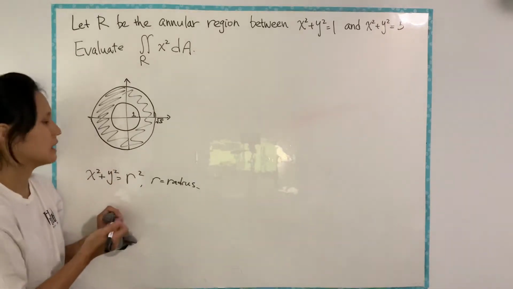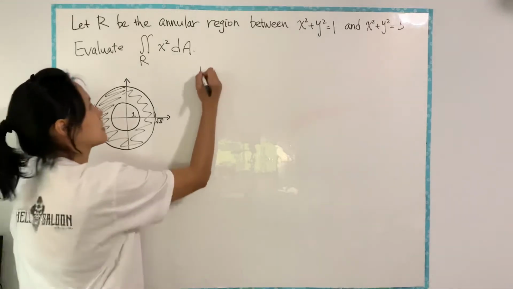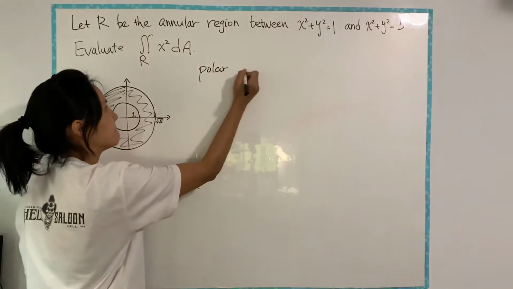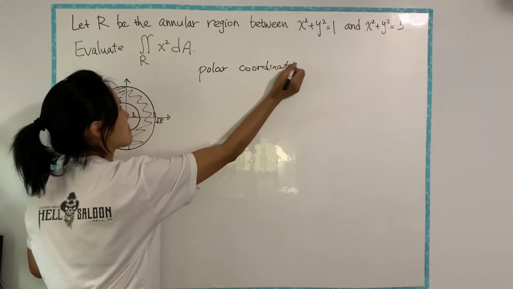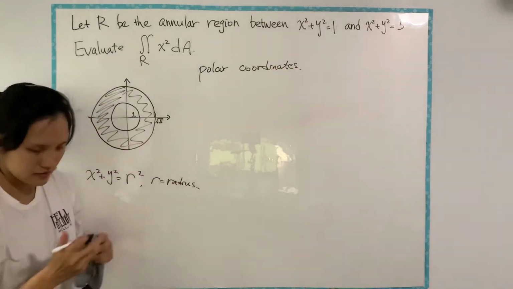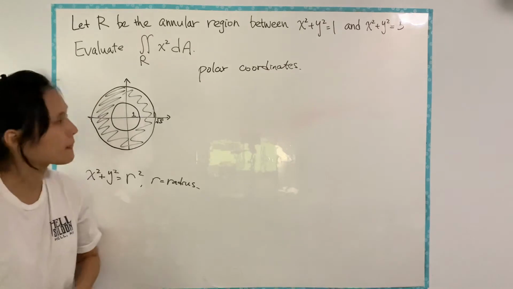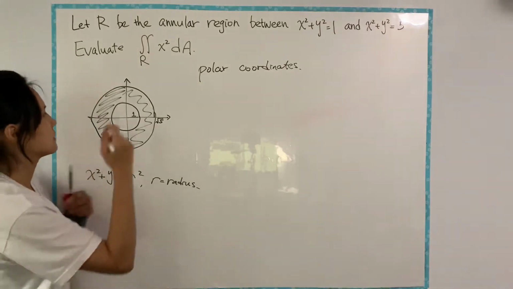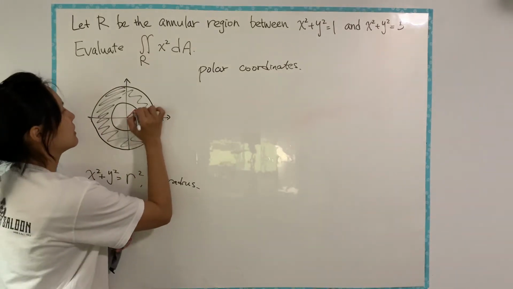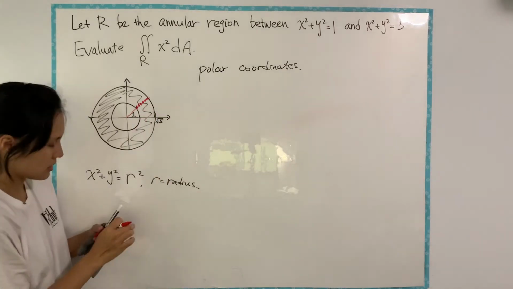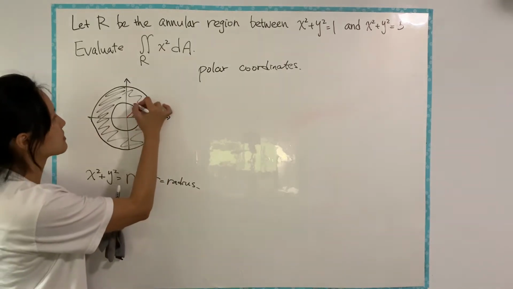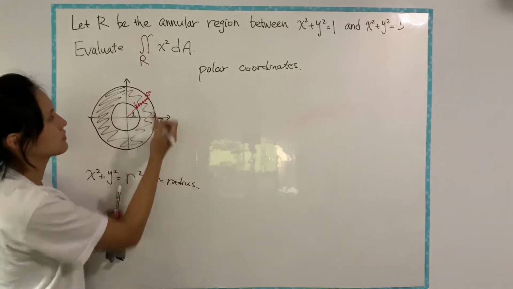However, if I use polar coordinates, you will see that for any angle, I'm counting any points so that the radius r is between 1 and root 5, right?